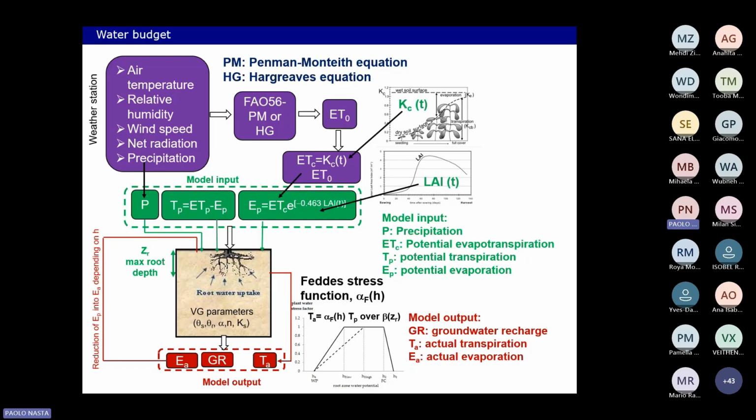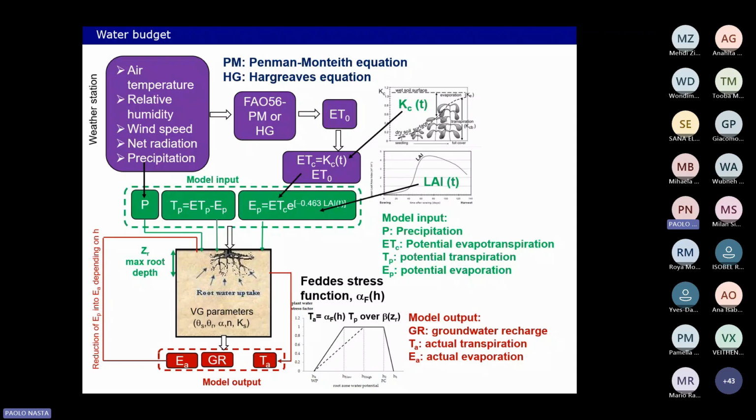And the output of the water budget, of course, is composed by the actual transpiration happening over the roots. And the actual transpiration is subject to the Feddes stress function. I will talk about it.